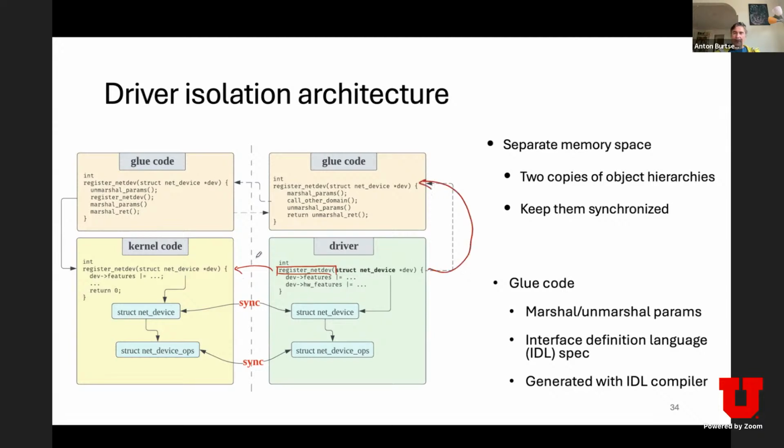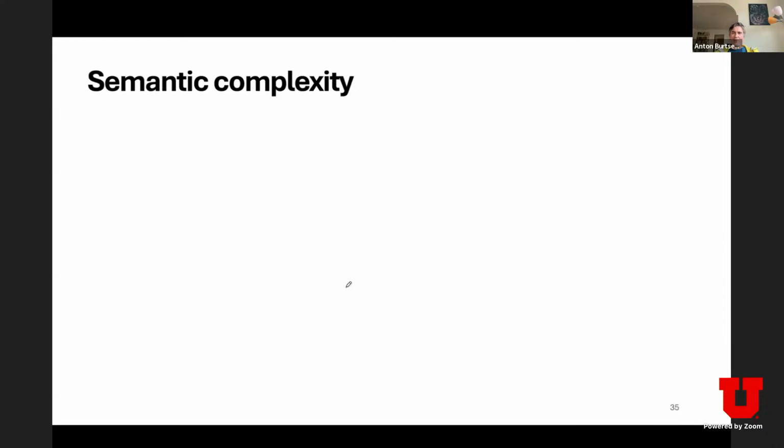Instead, we compile the kernel in such a manner that it lands on a glue code trampoline, which is responsible for marshalling parameters, meaning sending the state of those data structures across and updating the fields of those data structures, and then performing a cross-subsystem invocation, like saving the registers, switching the stack or whatever we have to switch, and then upon return unmarshalling arguments, making sure that the fields updated by the kernel will be reflected inside the driver, and then returning a result and returning from the invocation, right?